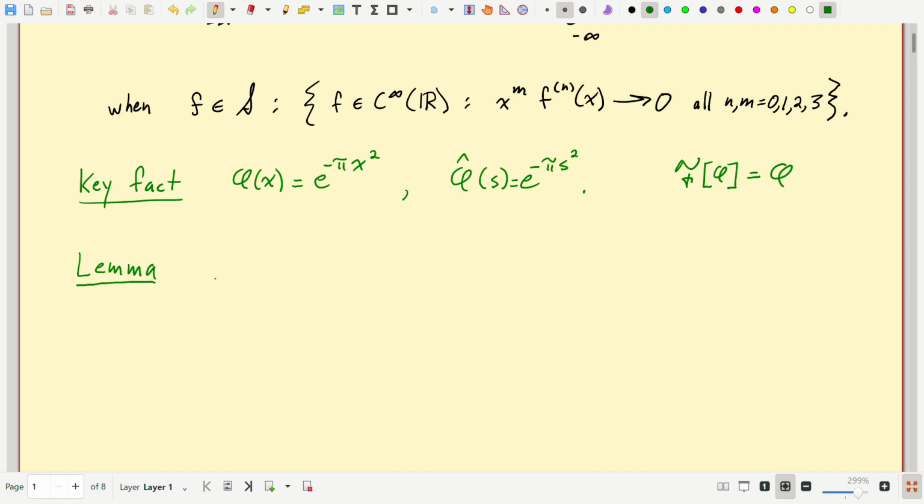The lemma was that if f is a Schwartz function, then when I make a good kernel out of this phi, phi sub epsilon convolved with f converges to f uniformly on the whole real line.